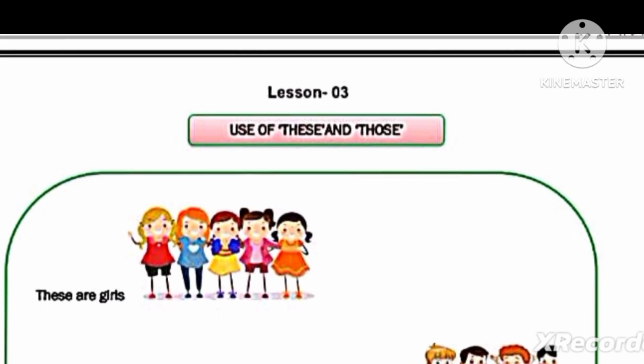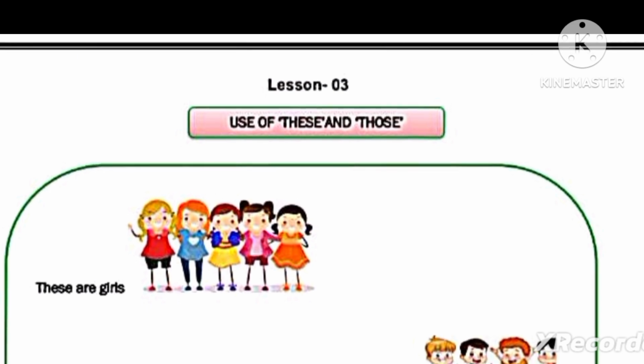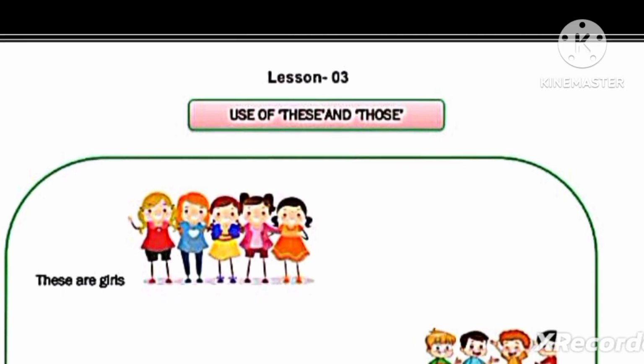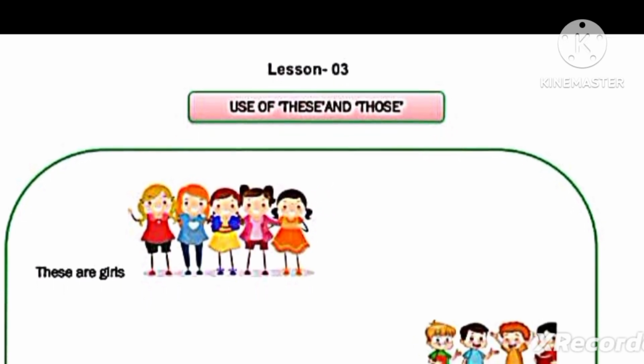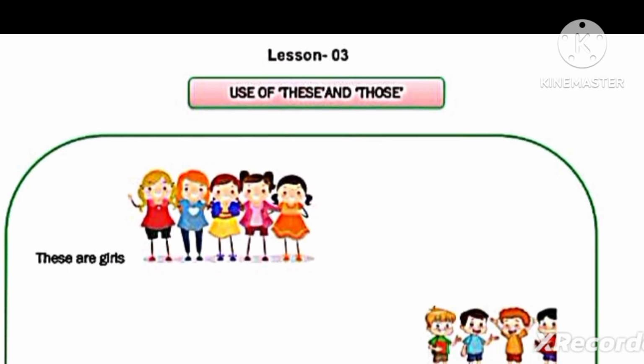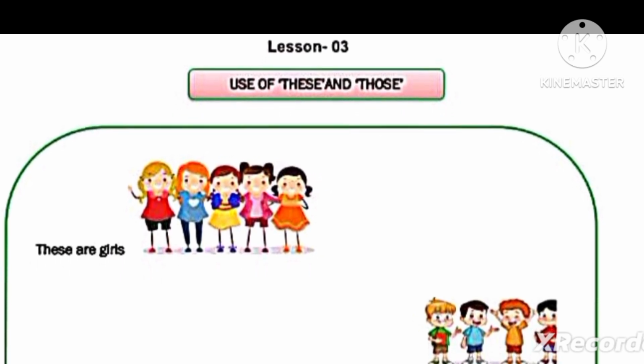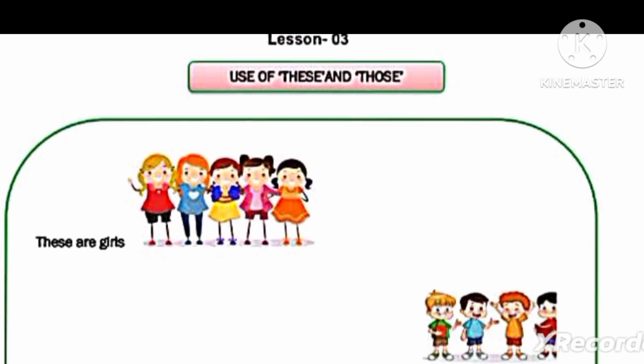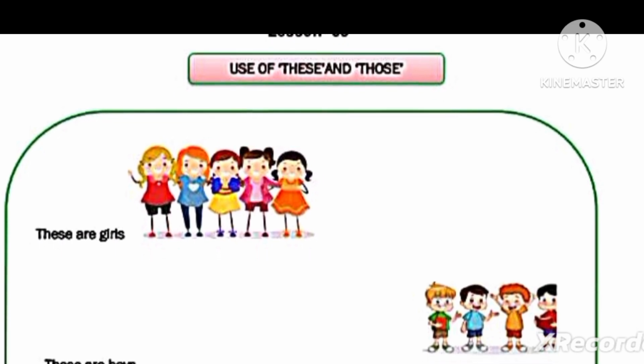Lesson number 3. Use of these and those. We use these for near things and we use those for far things. These are girls.